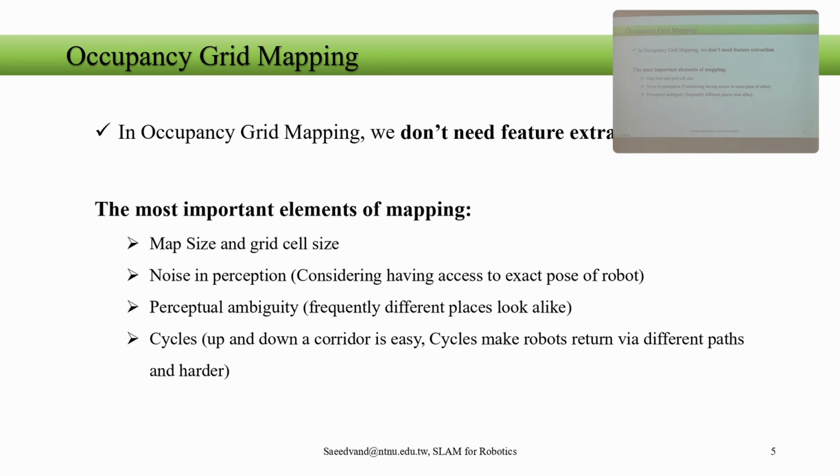The other important parameter that we have is perceptual ambiguity: how frequently one location looks like another location in one environment. If you have a corridor environment with 10 corridors that are exactly similar, just empty corridors, constructing a map in such an environment of course has higher difficulties because they are very similar to each other.